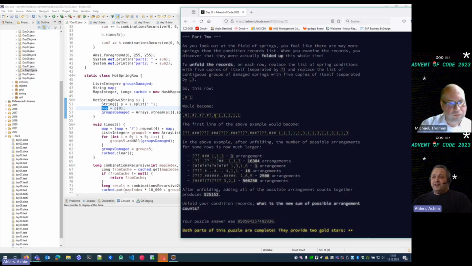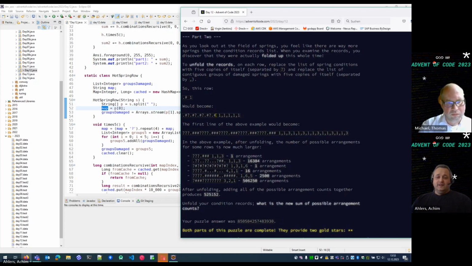And in order to unfold it, we have to replicate both parts of every line. We have to add 4 copies. So for the left part, we take this and copy it 4 times over and insert a question mark after each element.